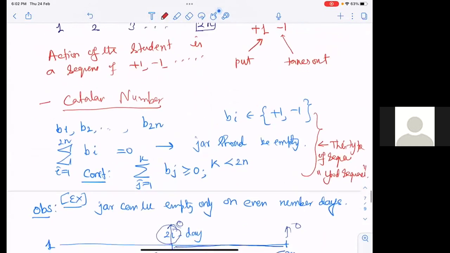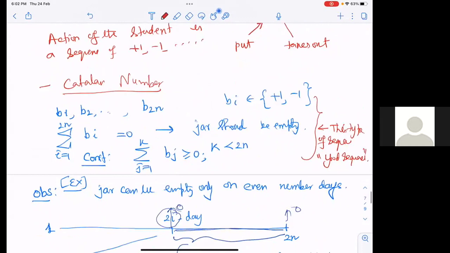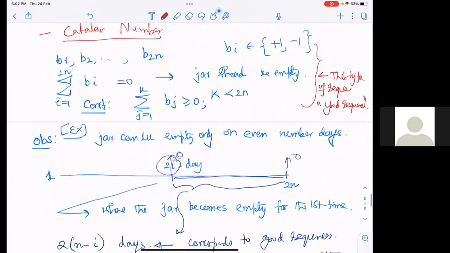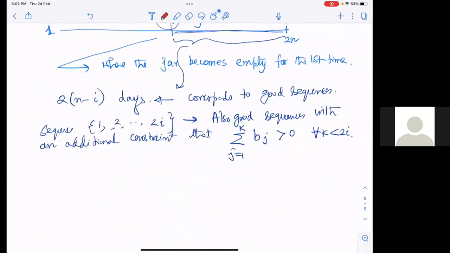Like the earlier sequence, I gave them good sequence. So let's call this type of sequence very good sequence.